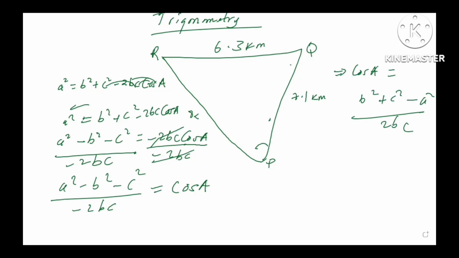Yes. So this is the formula that you're going to use to find the angle when you don't know it. But now, in our question, I was just demonstrating how to make cos A the subject of the formula.